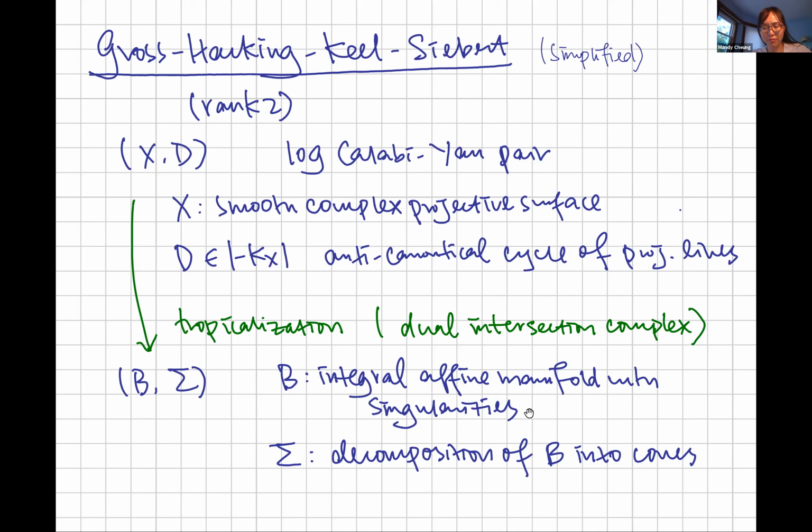The construction here is that you pretend it is toric, and then if you have the toric model, you draw the dual intersection complex, and then you obtain this integral affine manifold. In Mark's talk he said B is the union of cones. Here I just say it is another data from this D. Then you have this cone here in the construction.